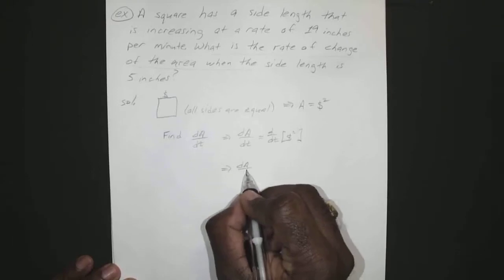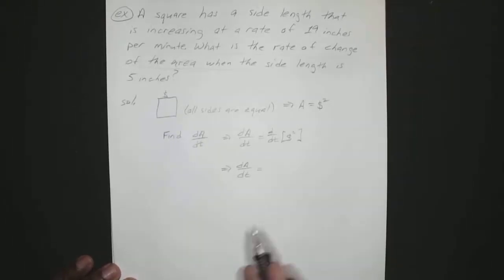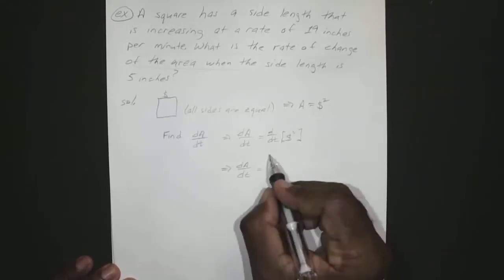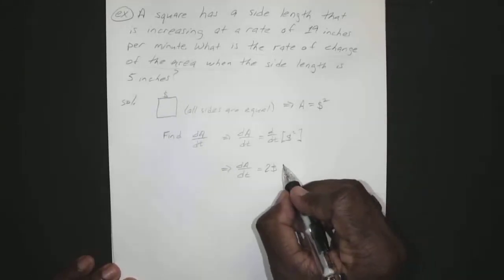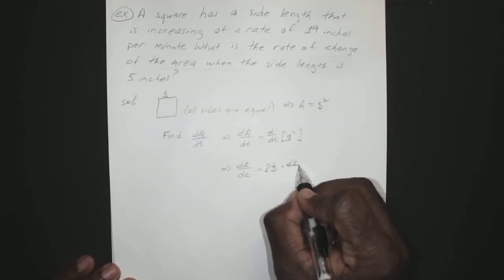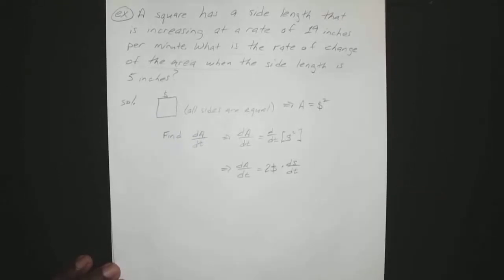Okay, so your dA/dt is equal to, we're going to bring down our 2, 2s, times ds/dt.